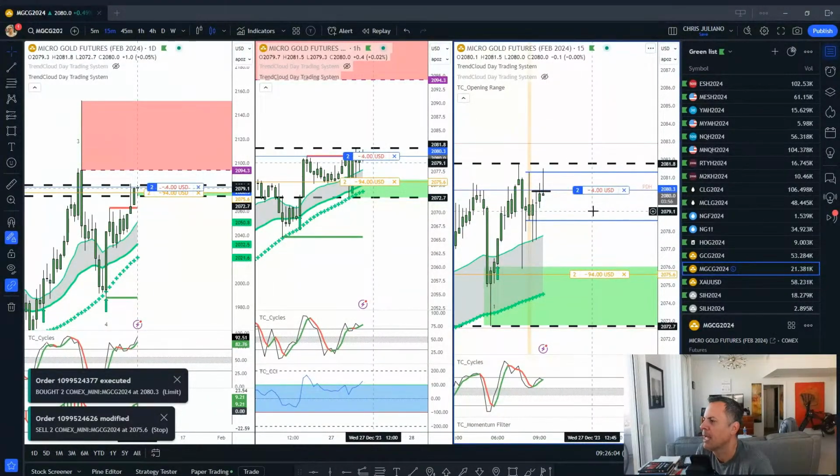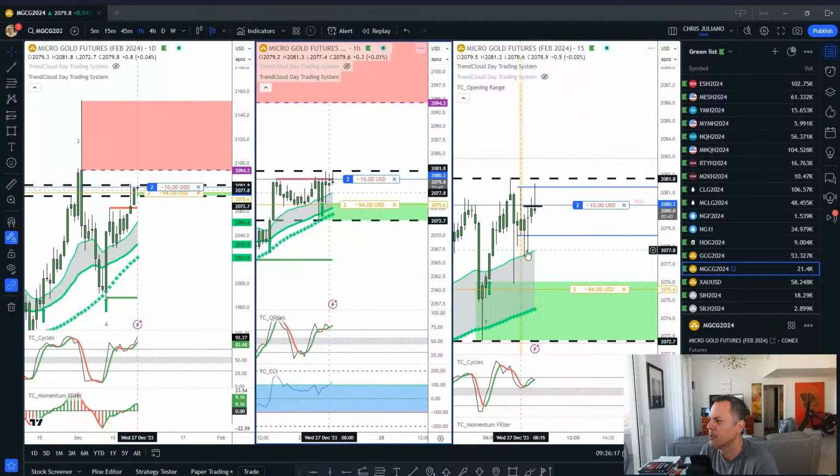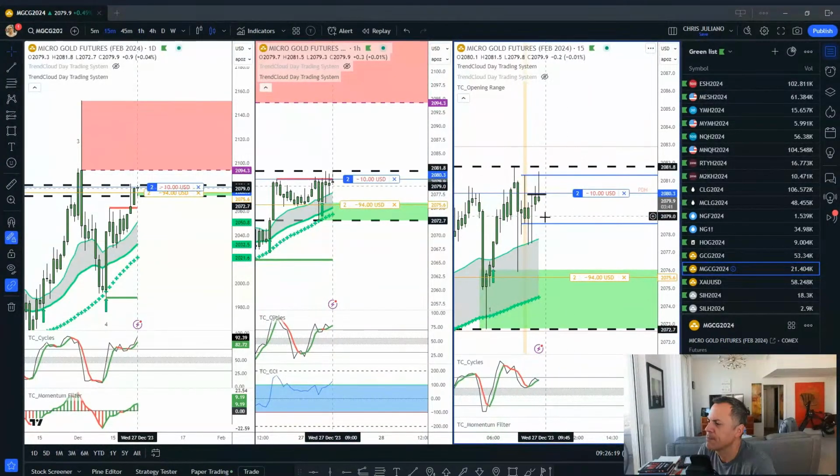All right. And we are cycling down here. So if we can survive this cycle, we have a great chance of this moving forward. All right, so we're pulling back.